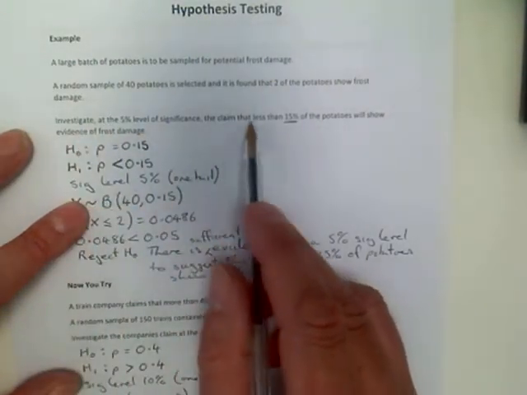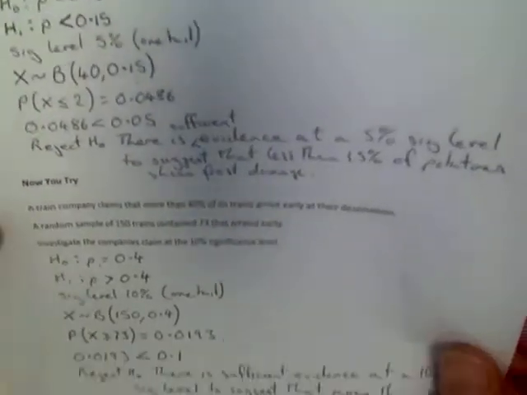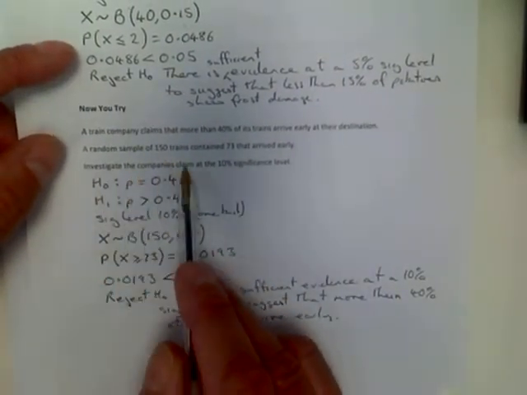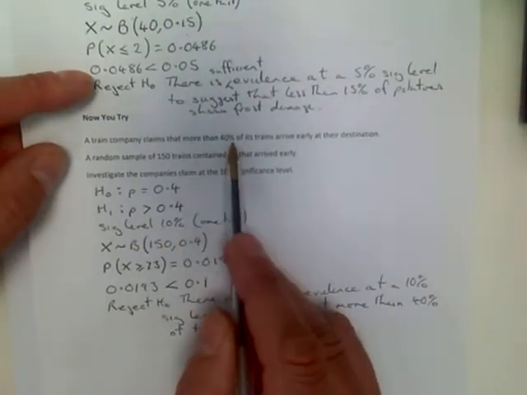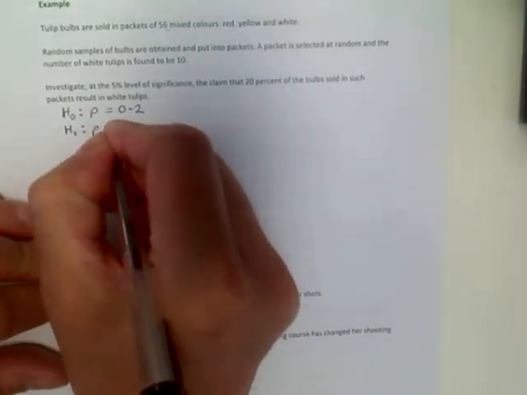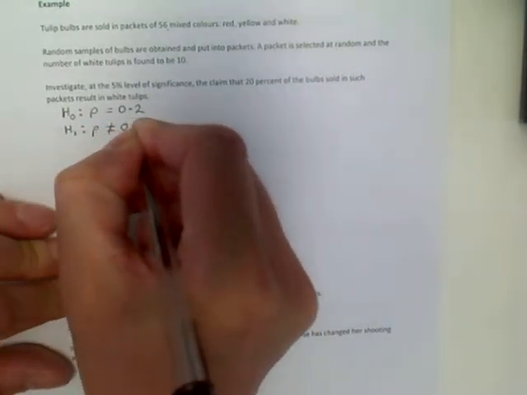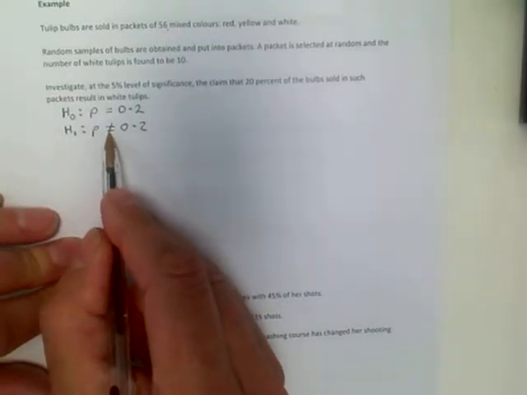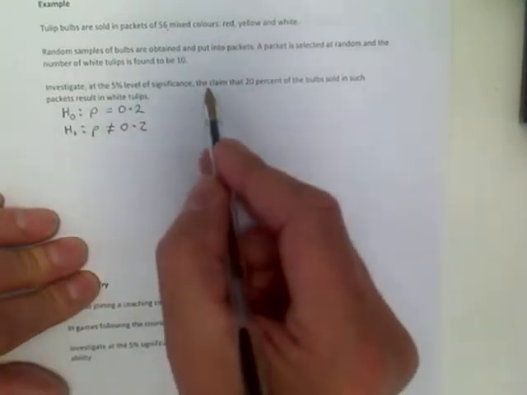This question said the claim that less than 15%, and this one said the company claims that more than 40% arrived early. This one is just checking for change. It is checking that it is 0.2 or it is not 0.2. So rather than a greater than or a less than, it is a not equal to. Okay, that's really important in this question.